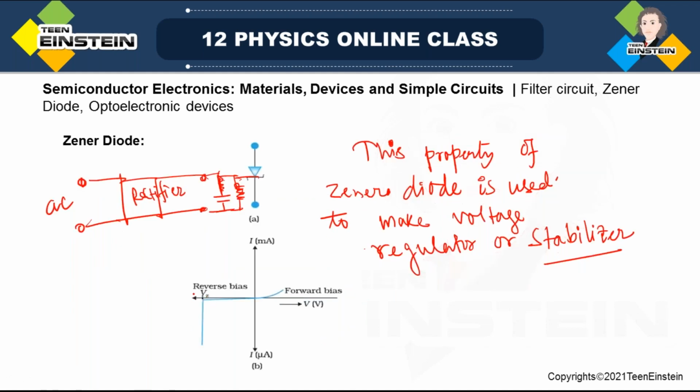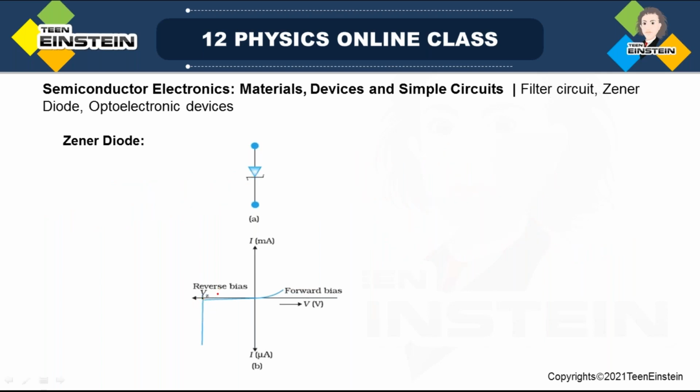If we use the Zener breakdown voltage, the voltage across the Zener diode, as our working voltage, like input in some devices, then that voltage will always be a stabilized or regulated voltage. That is called a voltage regulated device.